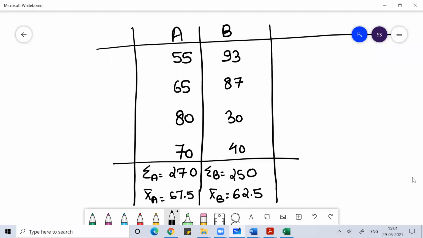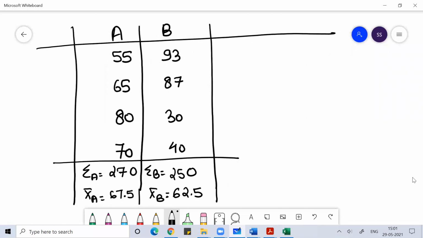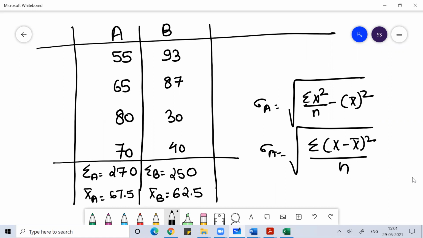Now I can find the standard deviation. To find it, I can use either the formula under root of sum of x square by n minus x bar square, or under root of summation of x minus x bar whole square by n. I prefer this formula.